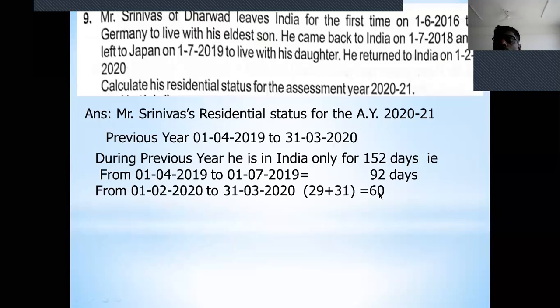Therefore, in the first period 92 days, in the second period 60 days. Totally 152 days he is in India.